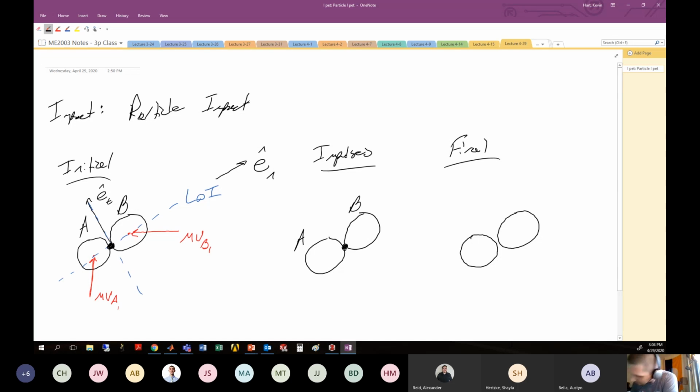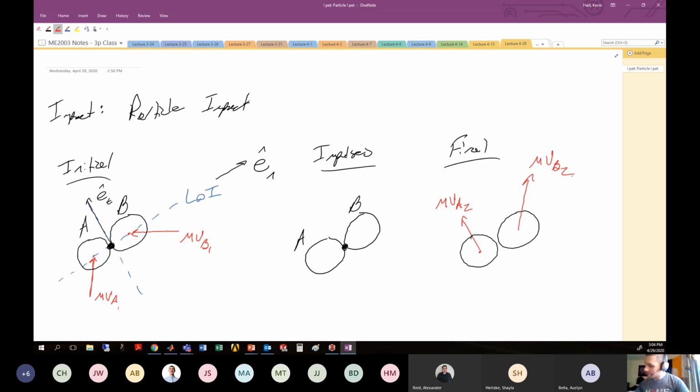They had a brief stint, a brief relationship, short and fleeting, where now they've rebounded off each other and have some new momentum terms. So here this is something like mVA2. And after this one strikes, maybe this one is now moving in this direction with something like mVB2.